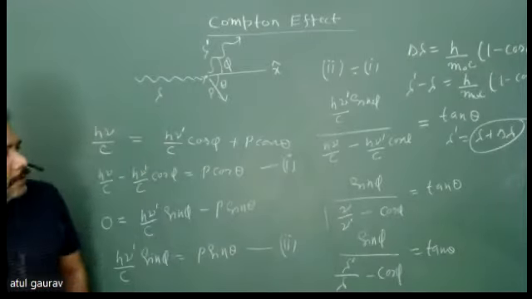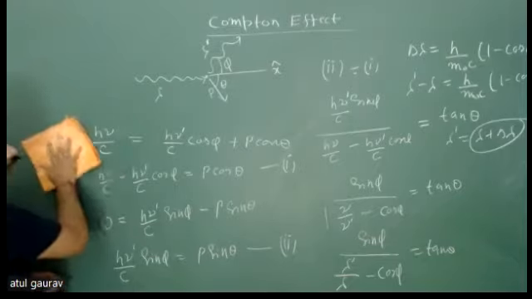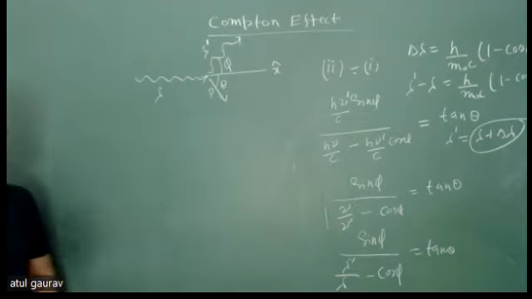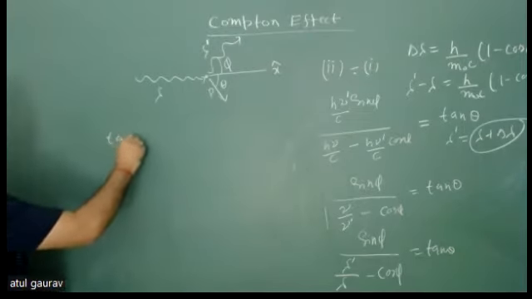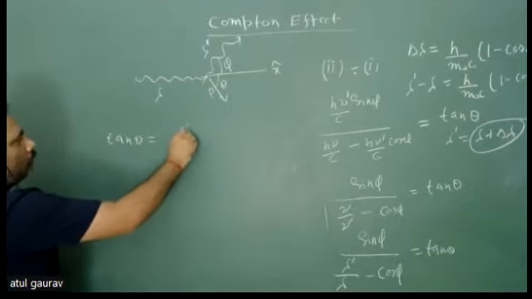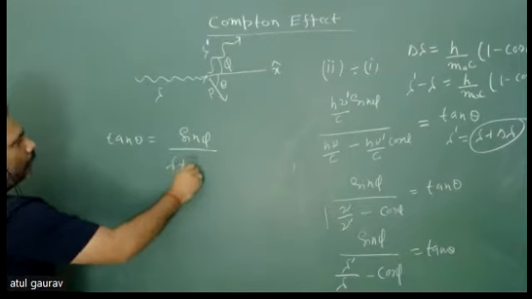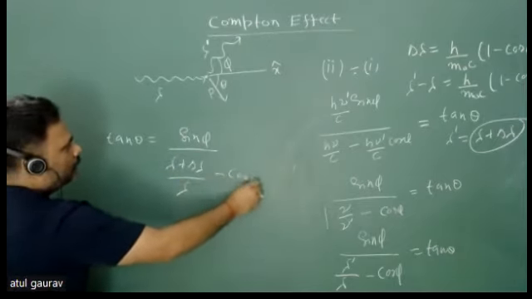So we can get the relationship between theta and phi: tan theta is equal to sin phi by (lambda plus delta lambda by lambda minus cos phi).